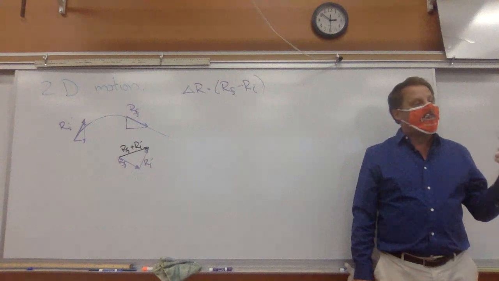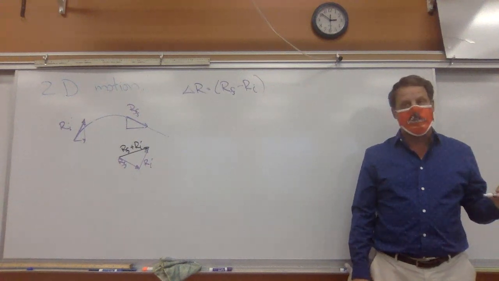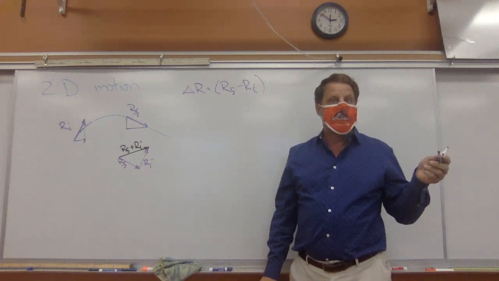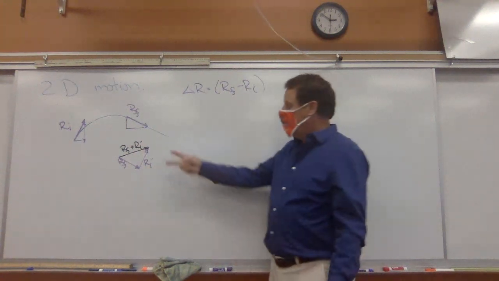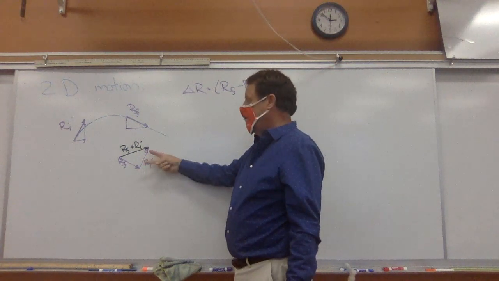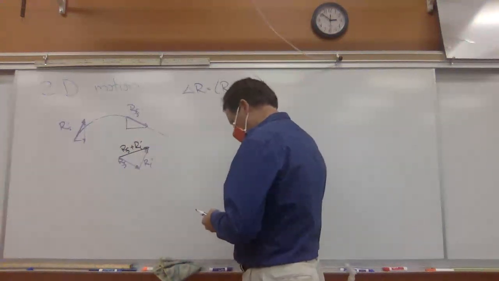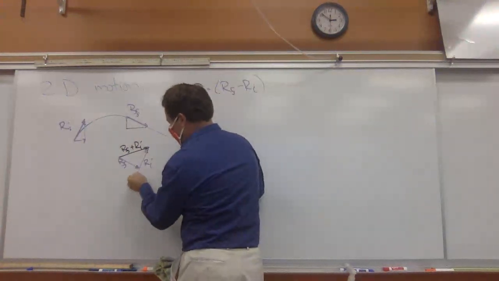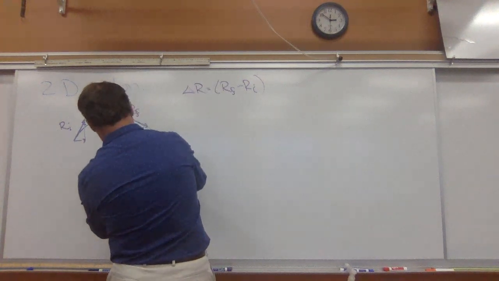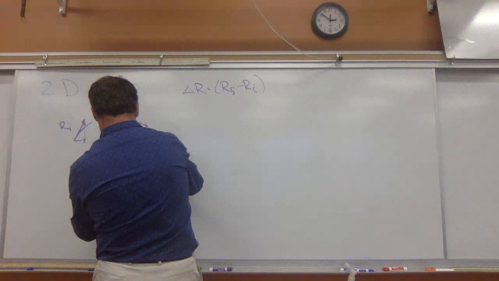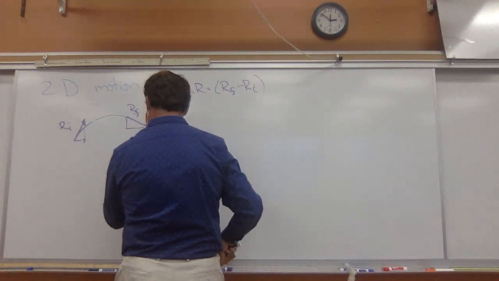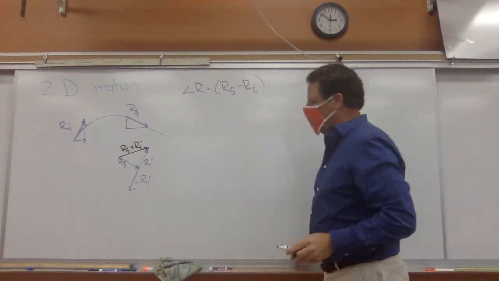And we don't want that. We want our final minus our initial. So a reminder back to week 2, lecture 3: in order to make our initial negative, we're just going to have it go in the opposite direction. So this is negative R initial.